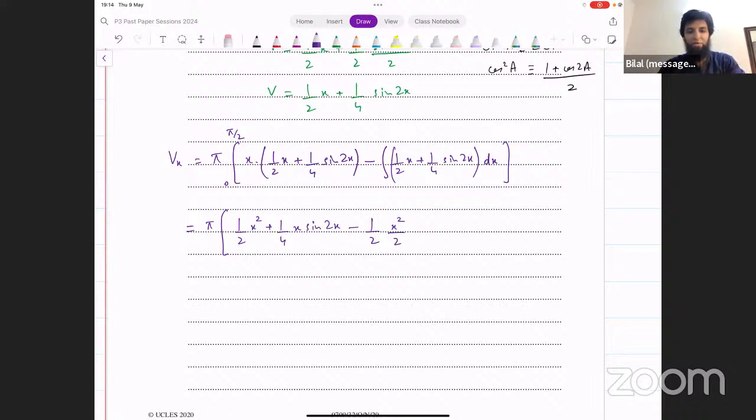Integration of x is x squared over 2. Let me have the negative sign as it is for now. And then what's the integration of this? 1 over 4 remains as it is into the integration of sine. Integral of sine is minus cos, so it becomes minus cos 2x divided by 2.